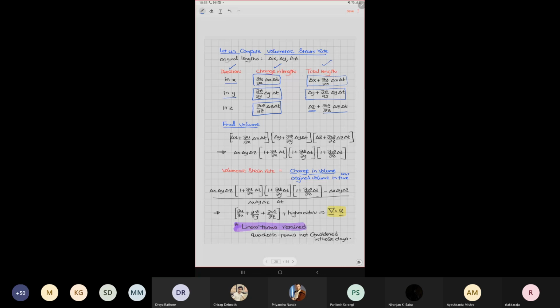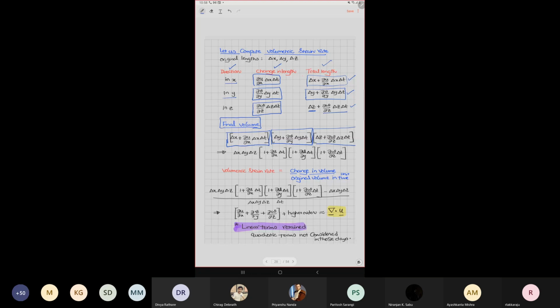Once we know the total length, we can always calculate the final volume: total length in X multiplied by total length in Y multiplied by total length in Z.